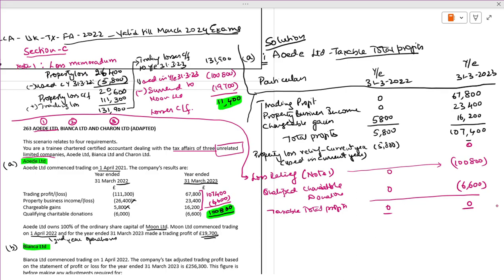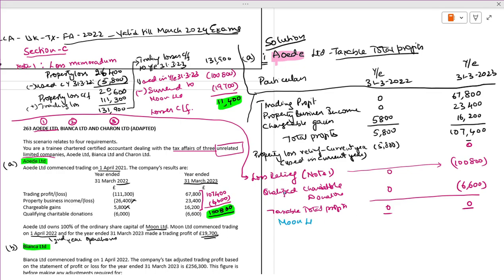Okay, this is with respect to Aoede. Now, coming back to this, they are asking us how it is going to be for Moon Limited.